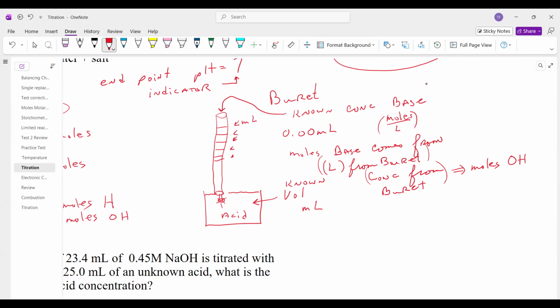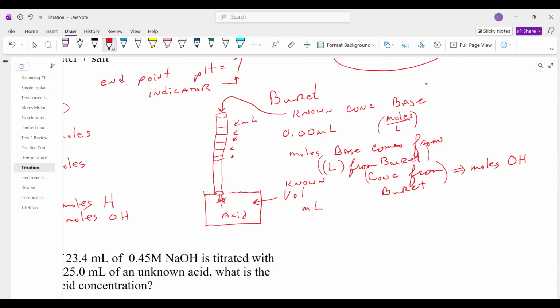Now, that equals the moles of acid it neutralized. Remember I said we need 3 of the 4 variables. So we've got 2 of them: the volume from the burette and the concentration from the burette give us OH, which gives us H down here at the bottom for the acid.